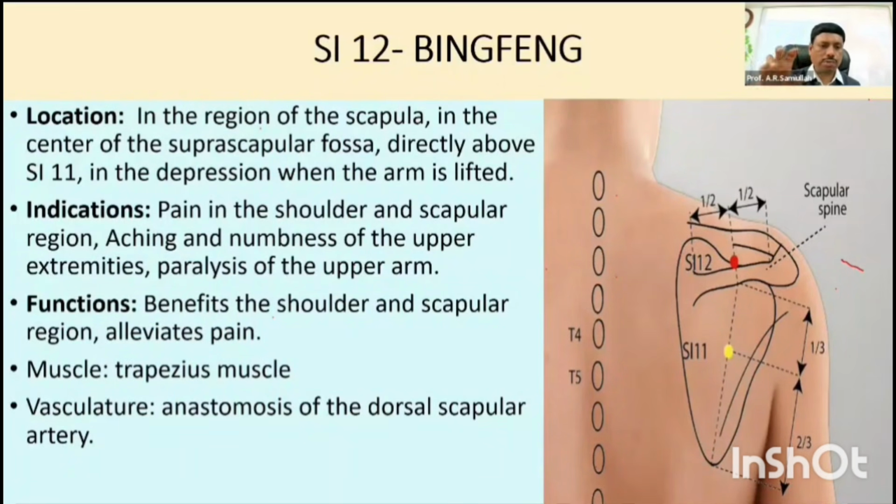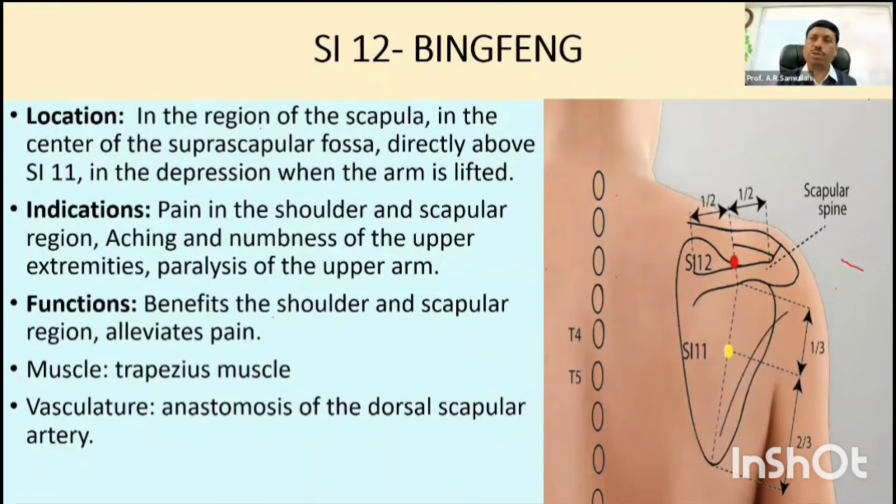So for those wind conditions, we can use the point known as Bing Feng, which is located just vertically above SI11 on the superior margin of the supraspinous fossa of the scapula. You just have a look. We're going to see practically where this point is located.